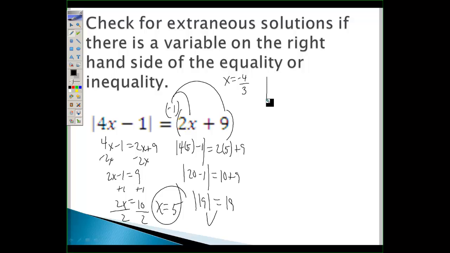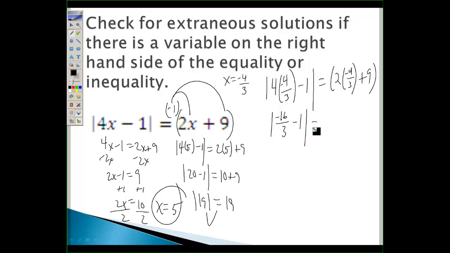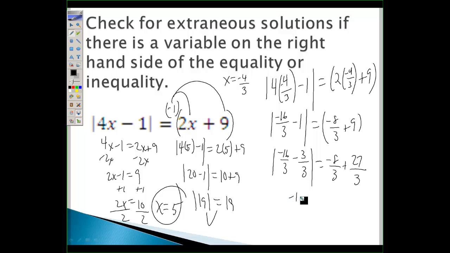The absolute value of 4 times -4/3 minus 1, so the value of -16/3 minus 1, should equal -8/3 plus 9. Let's get our like terms here. The absolute value of -16/3 minus 3/3 should equal -8/3 plus 27 thirds. Negative 16 minus 3 is negative 19 thirds.